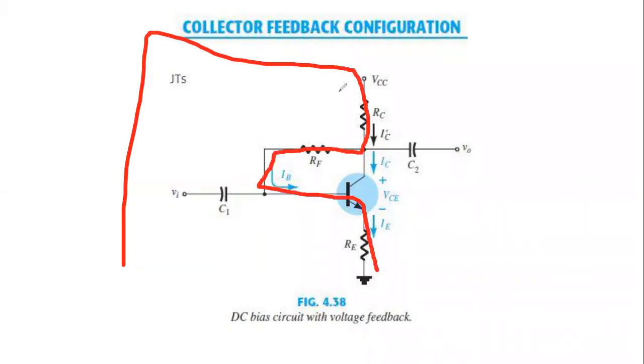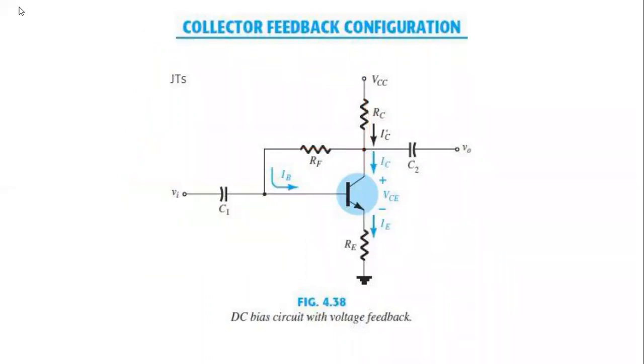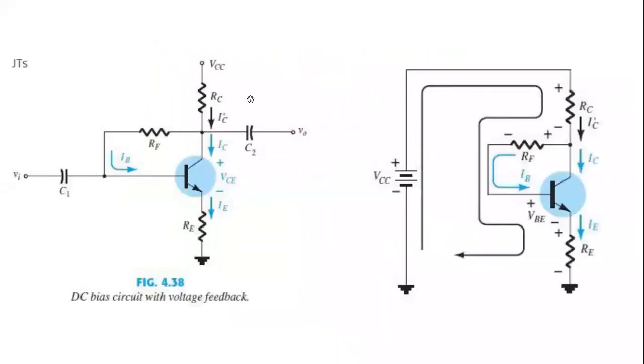So let's go to the next slide where it is demonstrated to all of you. You see now, students, that this VCC has been taken here, and we are calculating for this input loop. So everything is the same.